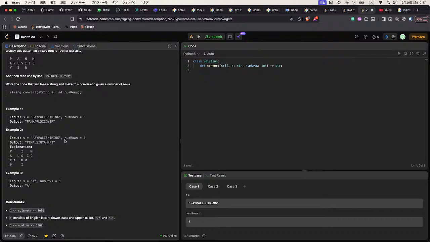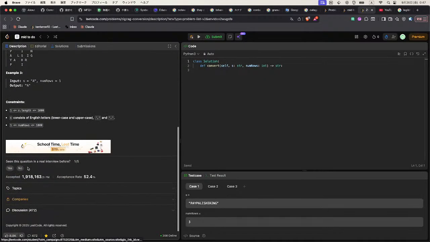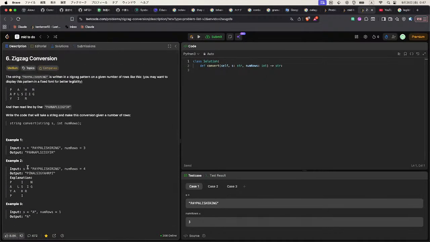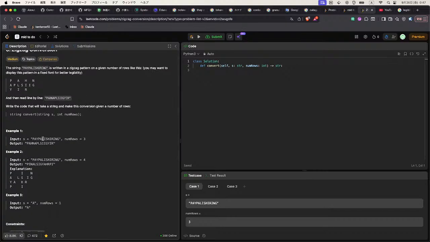What if the number of rows is 4? 1, 2, 3, 4, 5, 6. PI. What? Zigzag pattern. Zigzag pattern. Zigzag pattern.